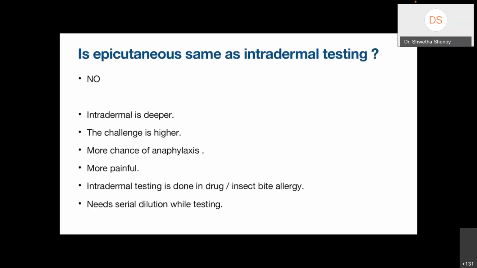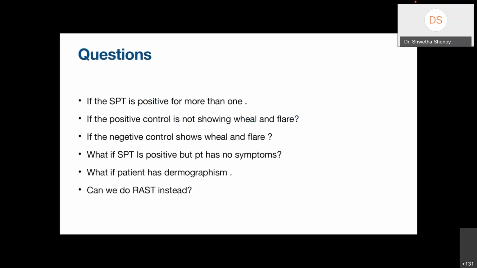I have tried to answer a few questions which might be there in your mind. If the SPT is positive for more than one allergen, we have done the test on the patient's hand and there is more than one red wheal and flare reaction, what is the inference?